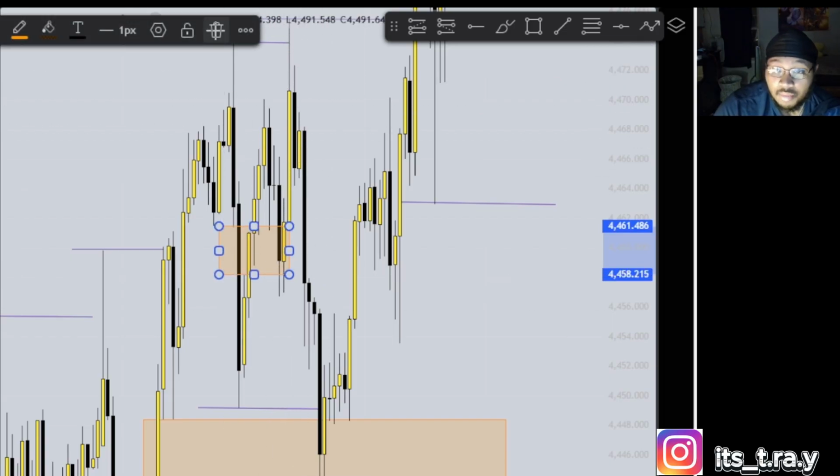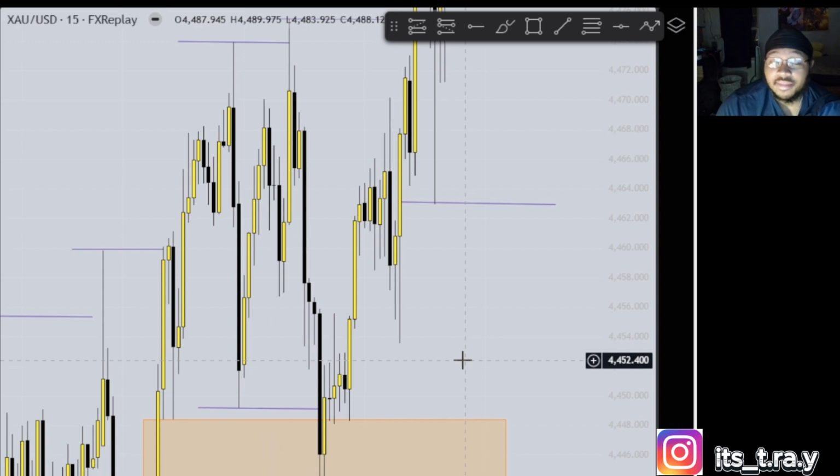So both bullish fair value gaps and bearish fair value gaps can be inversed, and once they're inversed, they'll just change to the opposing term fair value gap, basically. Once they're flipped, they're called inverse fair value gaps.